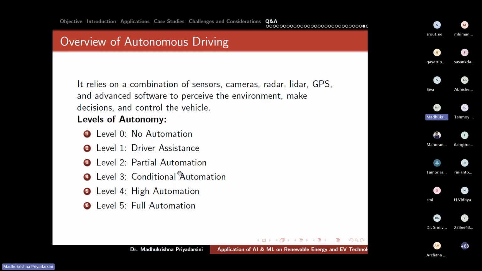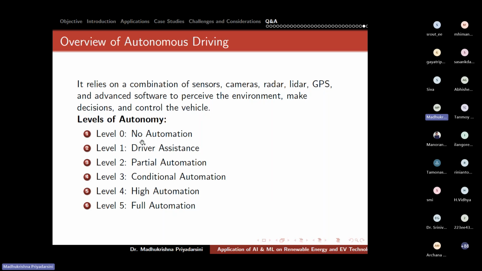And partial automation: all of you have seen the autopilot mode. This autopilot mode in aeroplanes comes under partial automation. The pilot needs to be present there. Sometimes control is taken by the autonomous system, and sometimes the pilot operates.